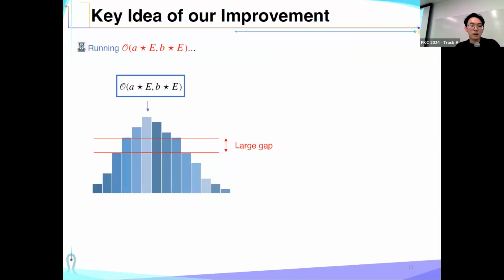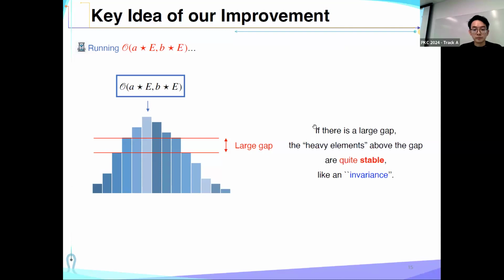So the key idea of our improvement is as follows. We notice that if you get a bunch of instances from the distribution, and there is a large gap in the number of instances, then the heavy elements, which appear the most frequently above the gap, are quite stable.